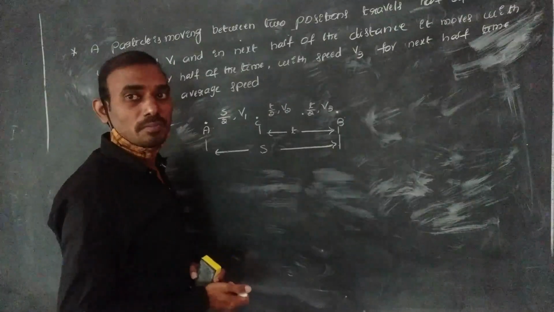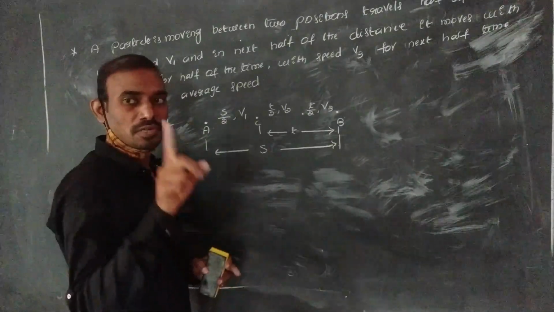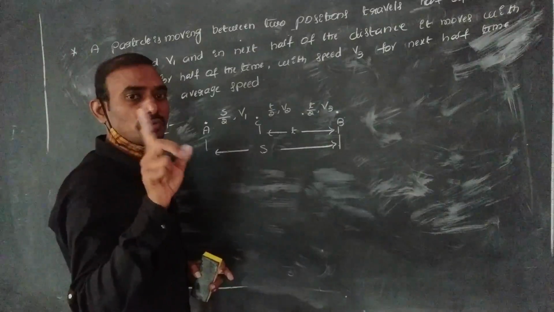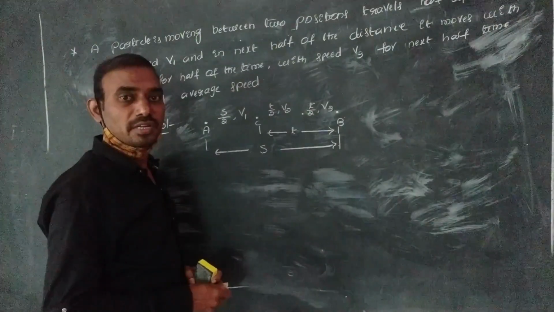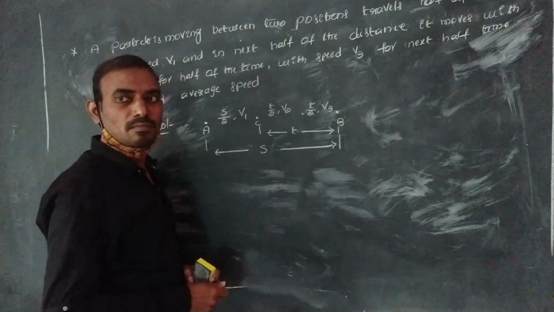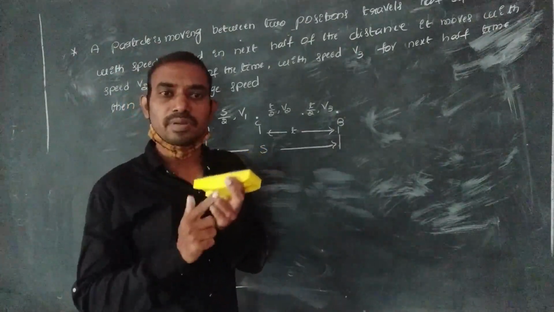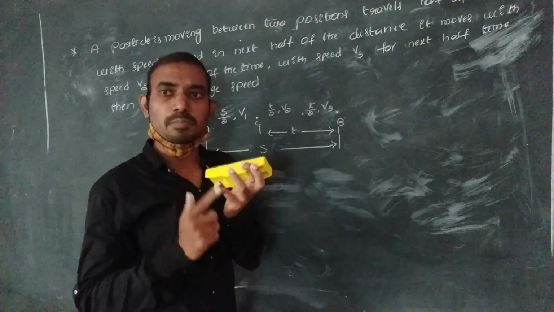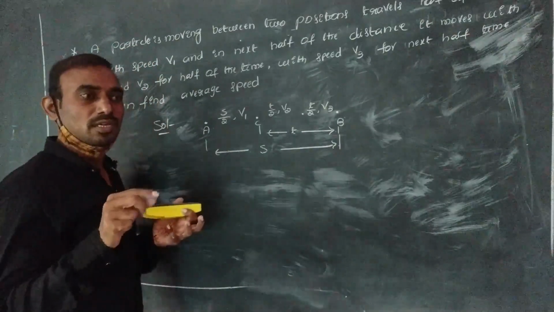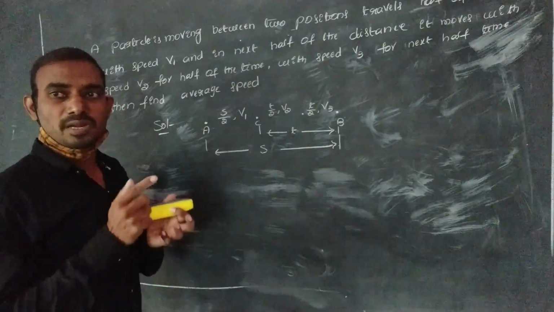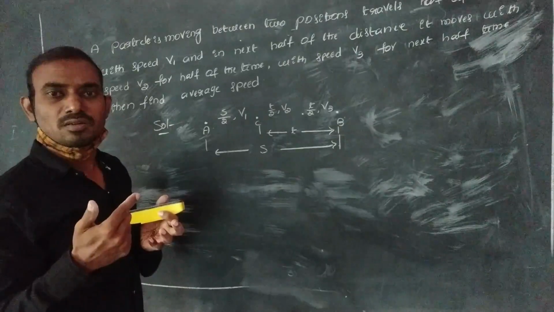We have the direct formula: v1 plus v2 by 2. We have two applications, the half distance method and the half time period method. For the half distance method, 2v1 v2 by v1 plus v2 is the average speed formula. For the half time period method, v1 plus v2 by 2.